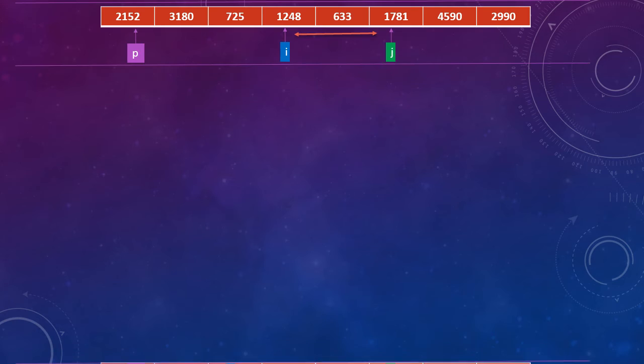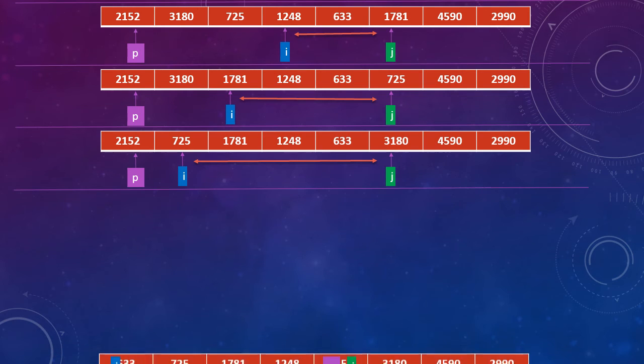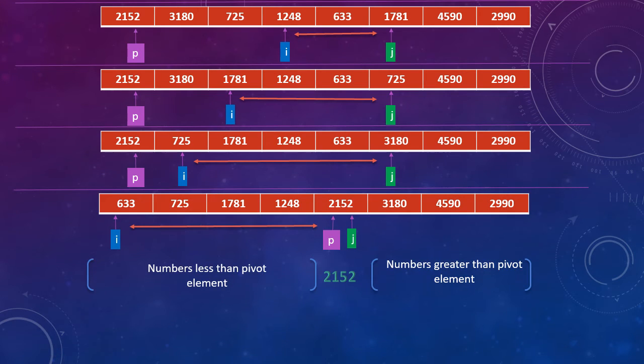And later the value of j is 1781 and the value of p is 2152. So it is less, so I have incremented the value of i to 1248 and I have swapped it with 1781.